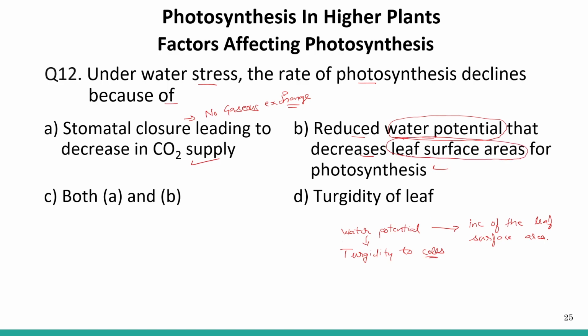And why is this? Because there is no enlargement of the cells. Enlargement is related to the increase in the surface area. But here there is no enlargement, so there is no increase in the leaf surface area. If this leaf area is decreased, then there will be a decrease in absorption of light.